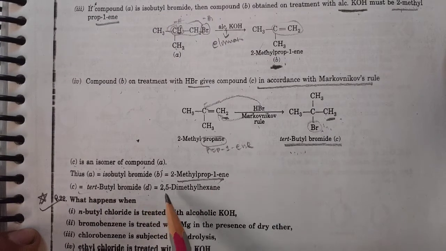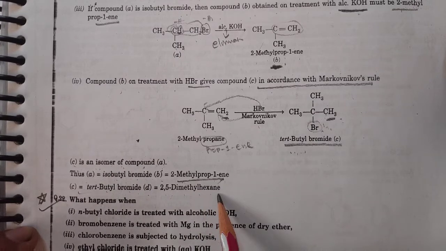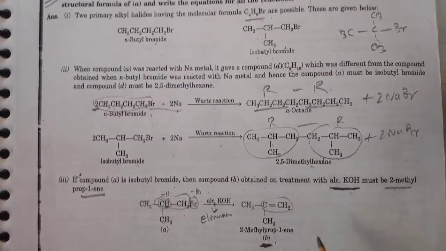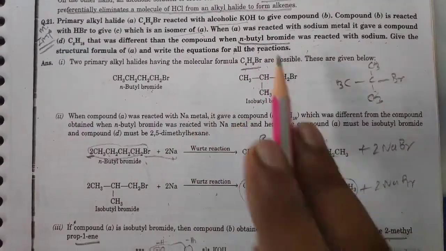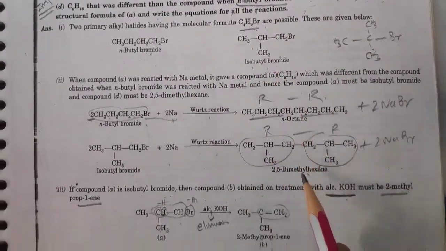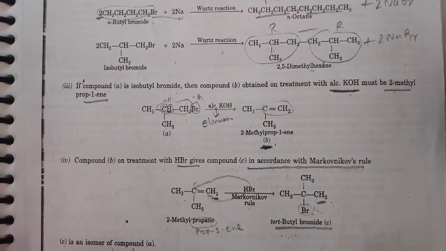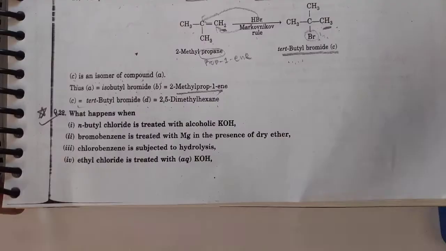And what is D? 2,5-dimethyl hexane. Now what is that 2,5-dimethyl hexane? This is the compound. So if you read the question carefully, step by step, you will come to know why we concluded like this. Okay. So now we will see the last question.